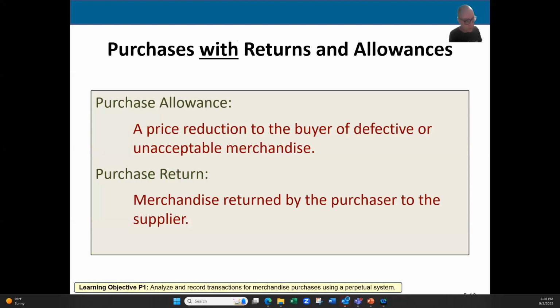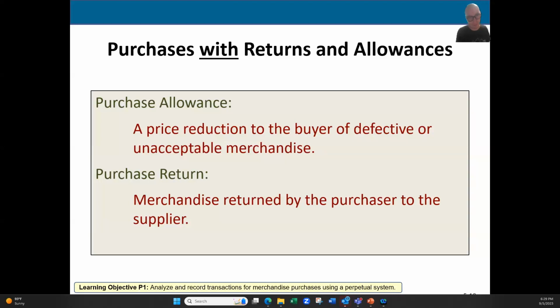So you call up the person you bought it from and say, hey, you sent me some broken stuff here. They might say, and I've seen this happen, hey, keep it. We'll give you a discount on your next order, or we'll give you a little bit of money back for the broken stuff, and the rest of the stuff you keep.